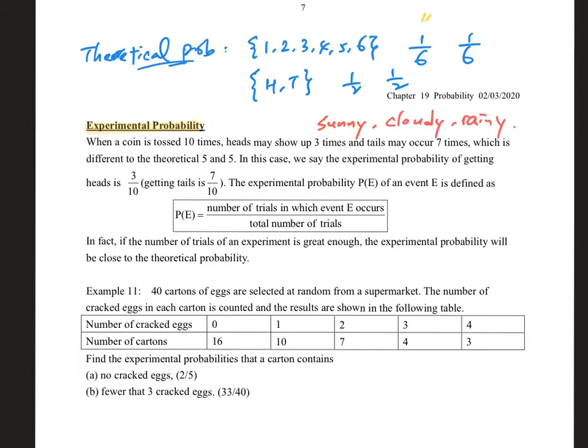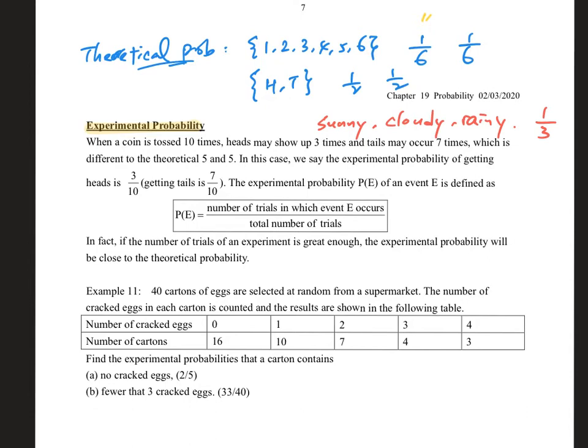Generally speaking, there are three kinds of weather you may have tomorrow. Does it mean that tomorrow there is 1 over 3 chance of having a rainy day, cloudy day, or sunny day? If you think in this way, it's definitely wrong, because we don't have an equal chance when talking about the possibility of weather.